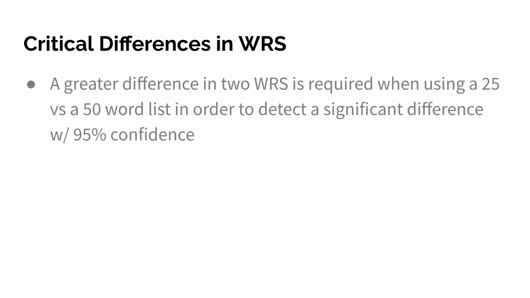So a greater difference in two word recognition scores is required when using a 25-word versus a 50-word list in order to detect a significant difference with 95% confidence. Let me give you an example from the textbook here. Go ahead and pause the video while you retrieve your textbook and open up to page 189.